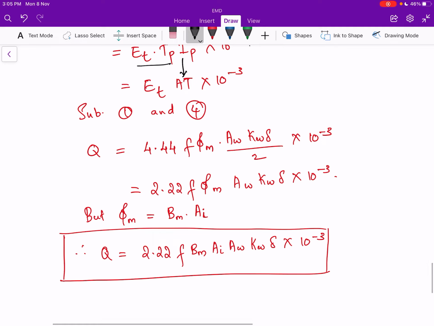So this expression can be rewritten as Q is equal to 2.22 F, and instead of phi m we are writing Bm into Ai. So Q is equal to 2.22 F Bm Ai AW KW delta into 10 raised to minus 3. So this is the output equation of a single phase transformer. This relates the kVA output Q to the iron area or core area and the window area, which are Ai and AW.